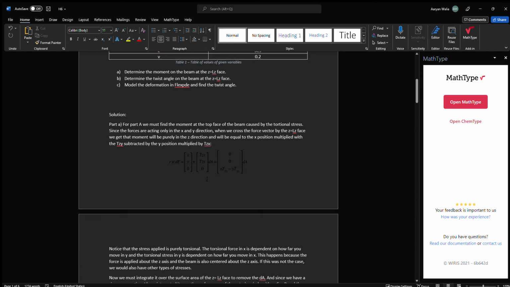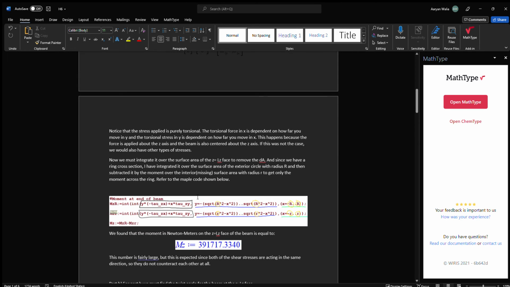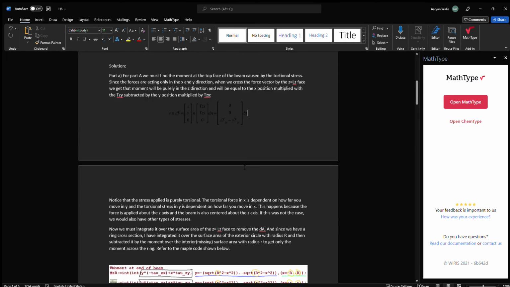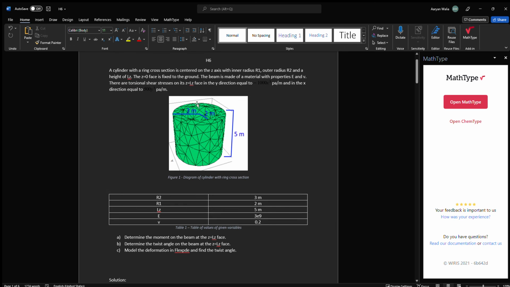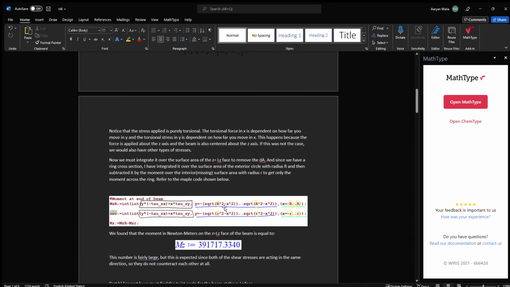Once we have our differential moment here, we can go ahead in Maple and integrate it over the area. Since we have a ring, the way I did it is I first treated it as a filled-in cylinder and integrated as if the area was just a circle, and then I subtracted out the moment caused by the smaller inner radius.